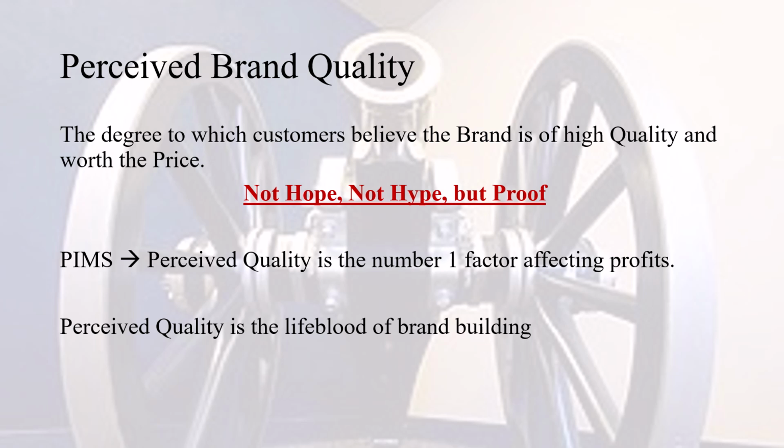The PIMS database has shown for many years now that perceived quality is the number one factor affecting the profitability of a good or service. And of course, that's true with sports teams, right? Like UNLV football and basketball. The more games they win, the higher the perceived quality and the better the brand equity. Perceived quality is the lifeblood of building a brand and increasing its brand equity.